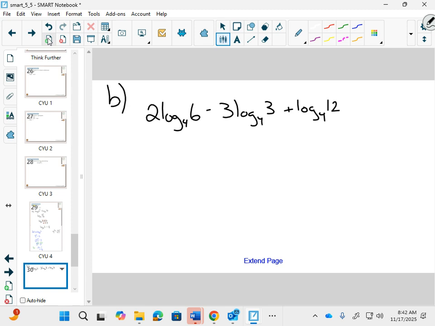So again, each of these individually, if I look at them, I don't know 4 to what power is 6, I don't know 4 to what power is 3, and I don't know 4 to what power is 12. So since I don't know those separately, maybe if I combine them as a single logarithm, I use my log laws and say, first of all, I can put all the numbers out in front as exponents.